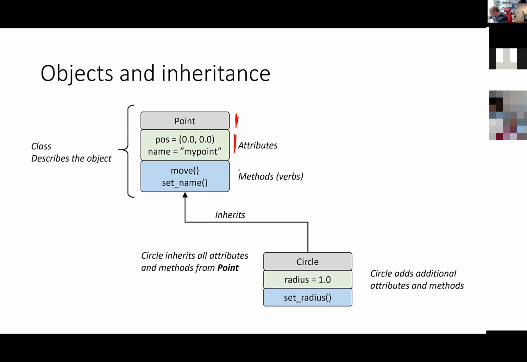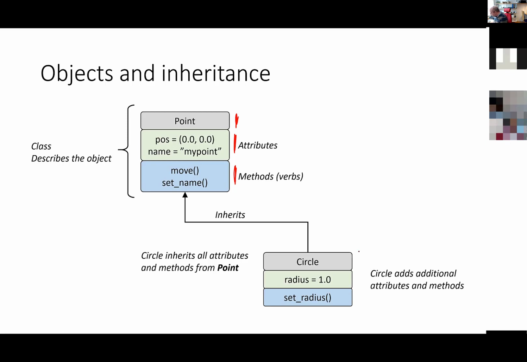And then you have methods, or verbs, to tell the objects to do something. In this case, for example, move. So you can move your point on the screen. You can set the name of the object. And a nice thing with objects is that when you create an object, you can create a new object that inherits all the properties of point.